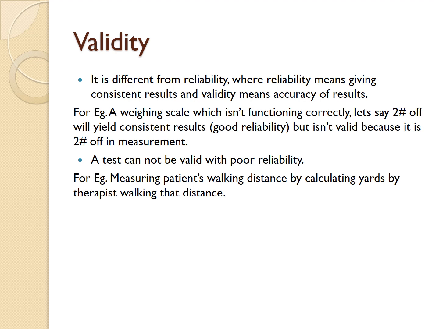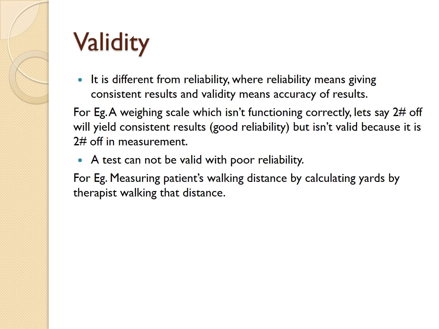Each time you walk the same distance, it may not be consistent, right? We may get a different number of yards each time, and it will yield different scores. So it is not a reliable method. Hence, it cannot be valid as well because it isn't accurate.